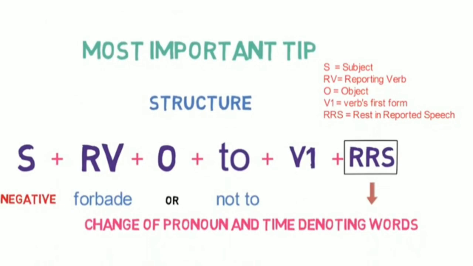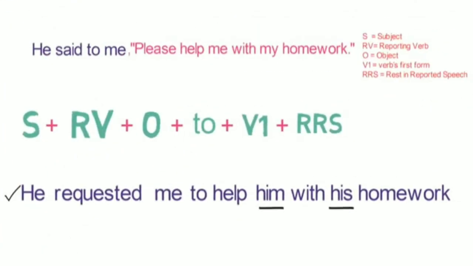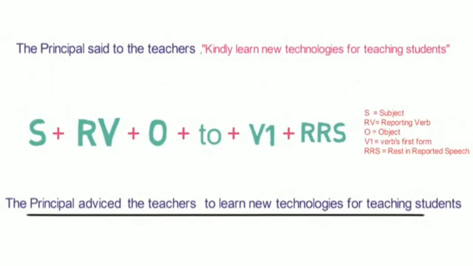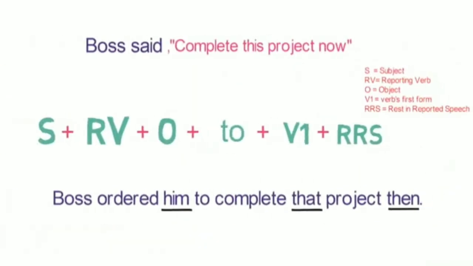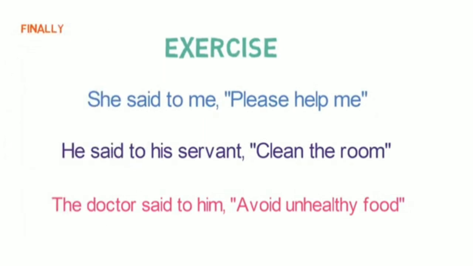And the most important structure of indirect speech for imperative sentence that we just learned. Then we looked at some of the examples. And finally, I gave you an exercise whose answer you will be giving me in the comment section.